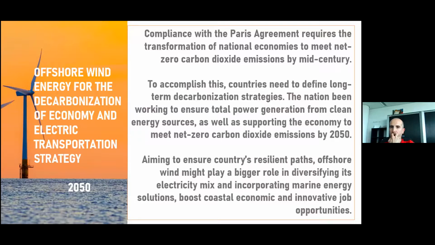And we are thinking that the energy coming from the marine areas will be very important to move forward in these important goals.